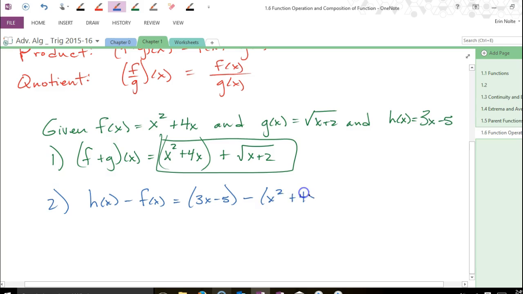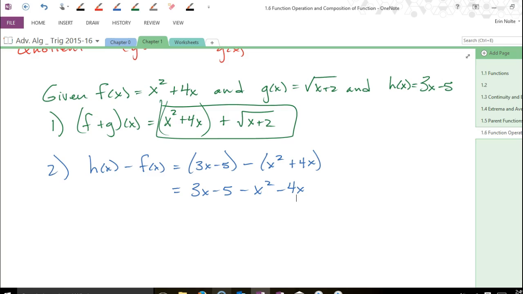Does anybody notice what I did when I wrote this down? I put those quantities in parentheses. The reason I did that is because, especially when there's subtraction going on, you have to distribute the minus sign through. So this ends up becoming 3x minus 5 minus x squared minus 4x.